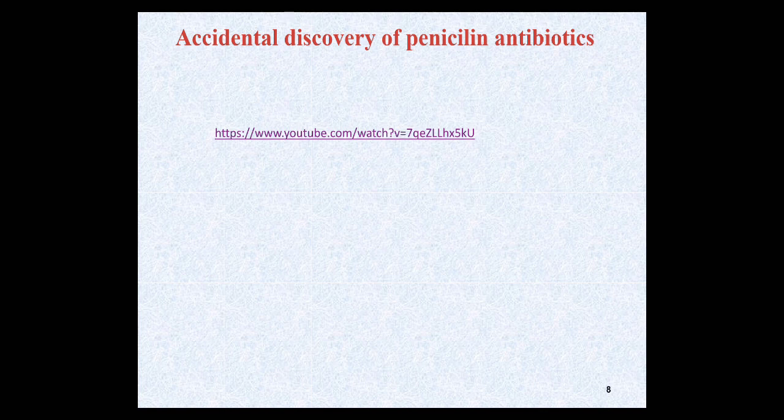So he isolated that part, and after that he made its solution. The solution has a yellow color. So he used that solution or broth for disinfecting all kinds of bacteria or any kind of viruses.